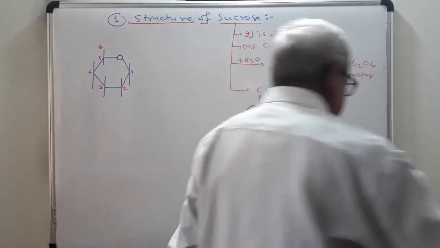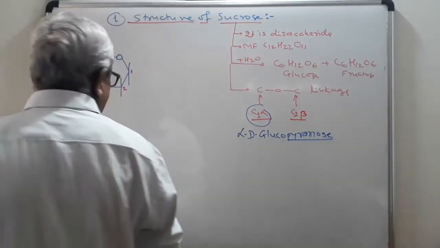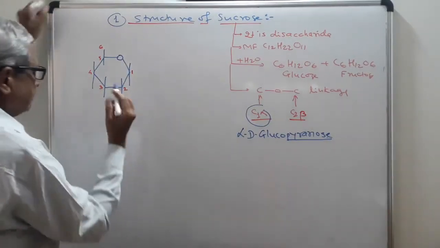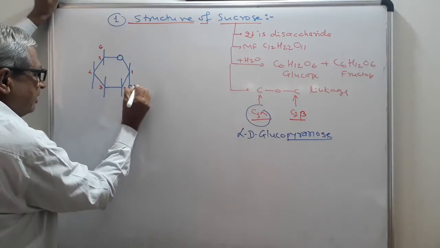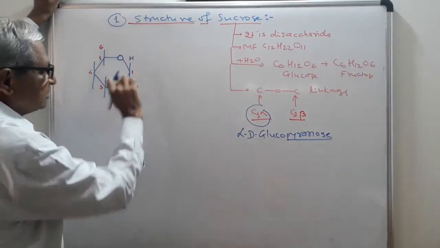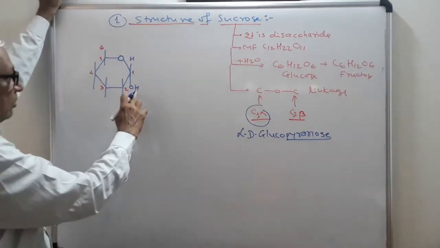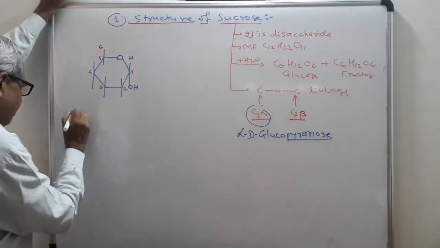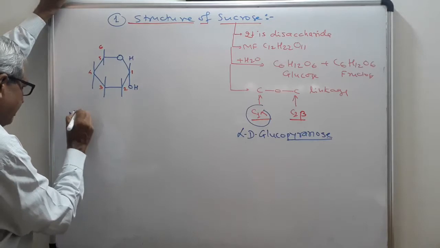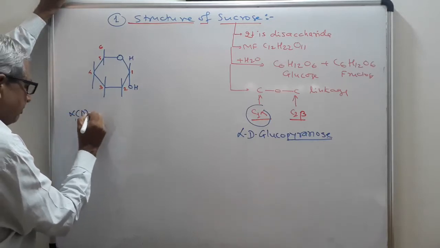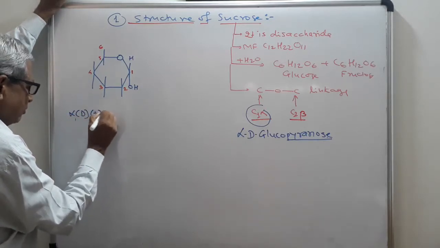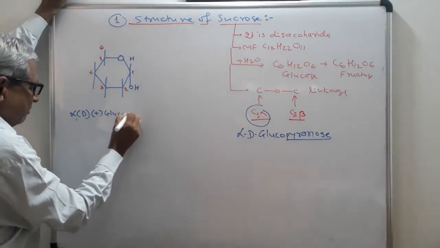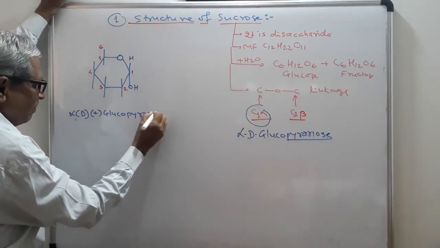Now see, in this case, this alpha indicates the OH group at the bottom. This is the anomeric carbon. Remember that C1 is the anomeric carbon. When the OH group is at the top side, it is called beta. So the name of this one is alpha D plus glucopyranose.